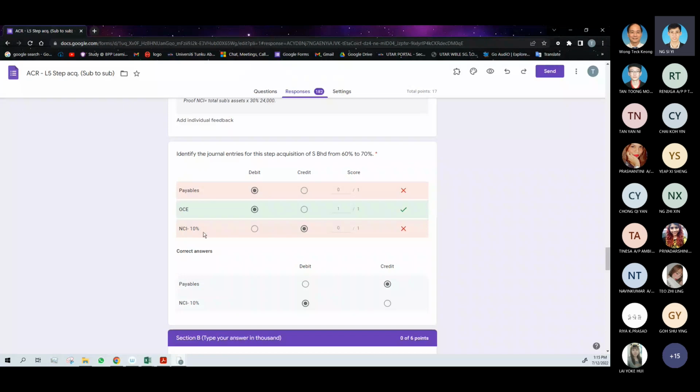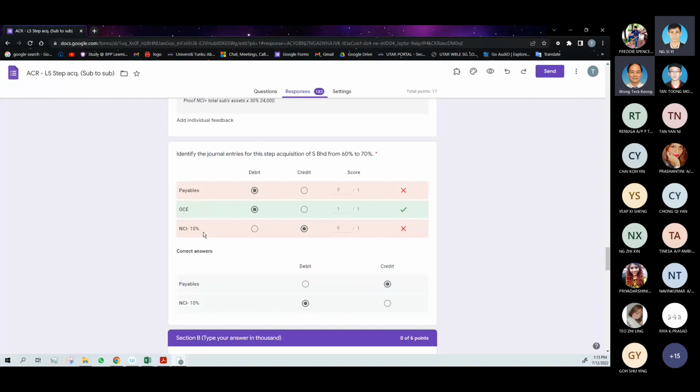Okay? Okay, sir. Yeah. So the double entry 1 is correct. But NCI, what is the normal balance of NCI, debit or credit? What is it, sir? Normal balance of NCI, debit balance or credit balance? NCI is equity, but it is the part not belonging to the parent, belonging to other non-controlling interests. Is it normal balance debit or credit? Actually, credit. I accidentally clicked credit. Should be debit, right? Yeah, it's credit. Now we buy from NCI, so NCI reduces.